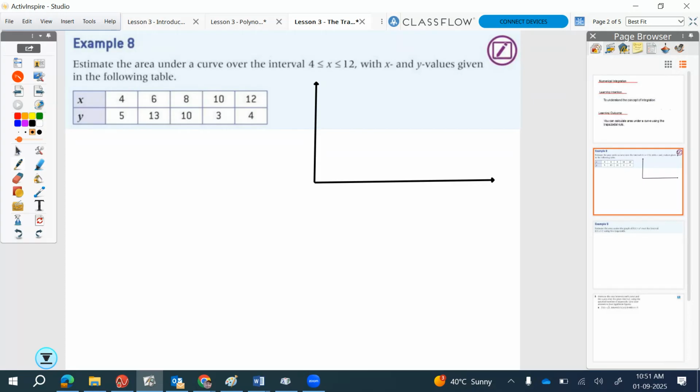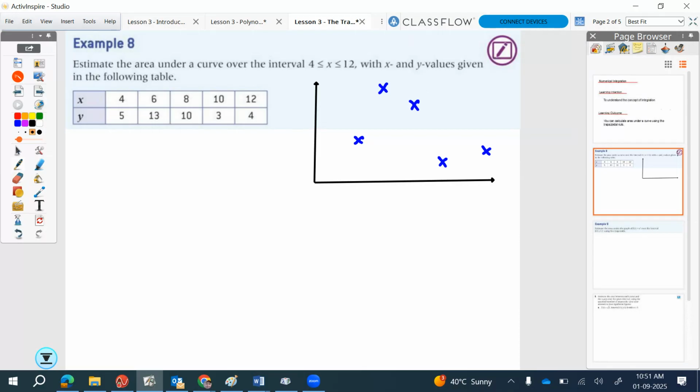When x equals 4, y is going to be 5, so we're here. When x equals 6, it's 13, so we're here. When x equals 8, it's 10. When x equals 10, it's 3. And when it's 12, it's 4.